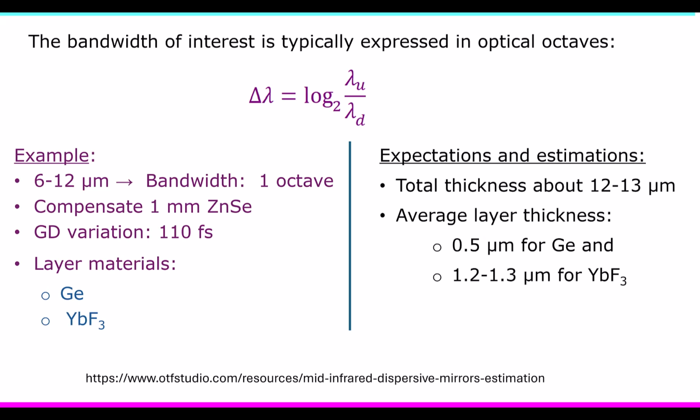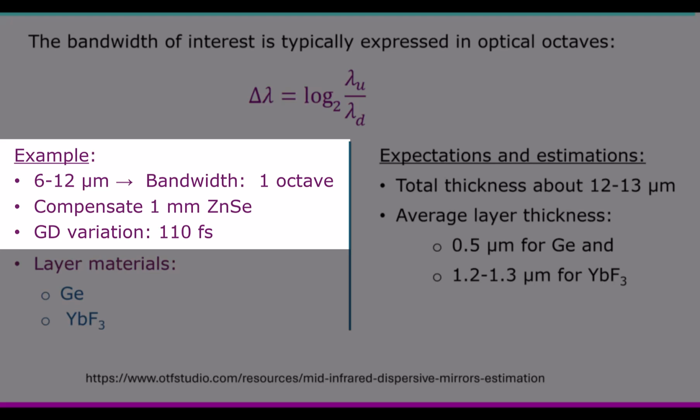In the current example, I will design a mid-infrared dispersive mirror for the range 6-12 micron that corresponds to the bandwidth of one optical octave. This is quite challenging. The mirror must compensate group delay in 1 mm zinc selenide. That corresponds to group delay variation of about 110 femtoseconds.